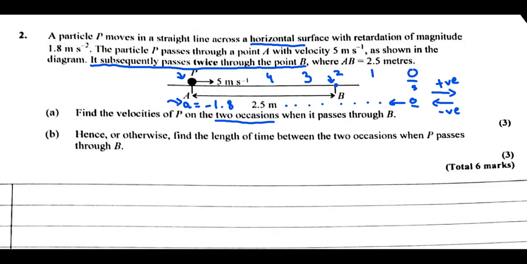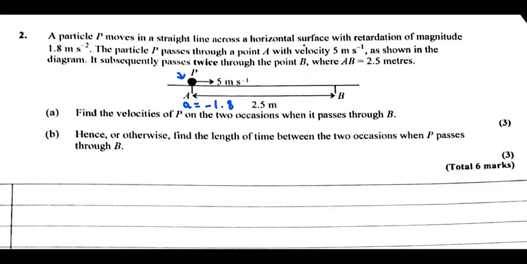All right, let's calculate the velocities now. We'll do the first part today, then we'll do the second part tomorrow. So let's do it quickly. Okay, I wrote these values 1, 4, 2, 3 myself. Find the velocities of P on the two occasions when it passes through B. Now the distance is 2.5 meters.